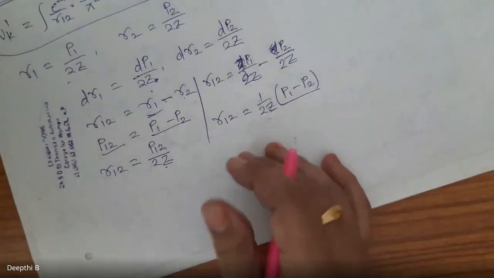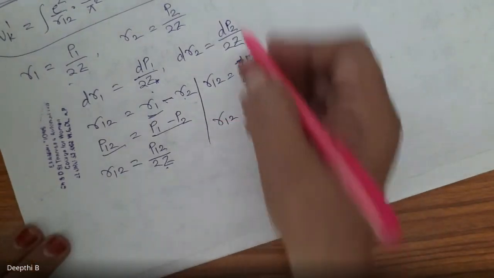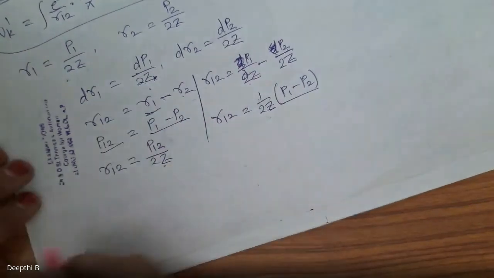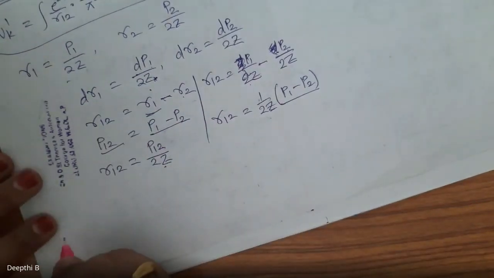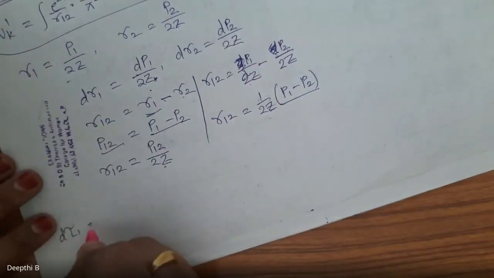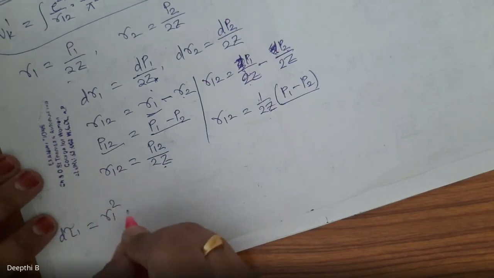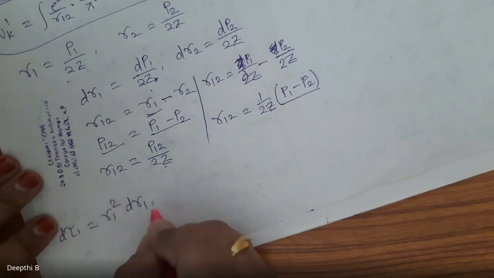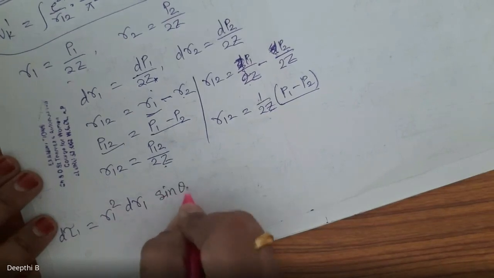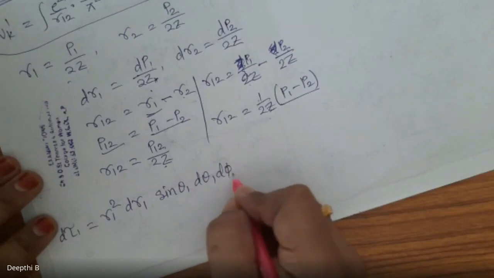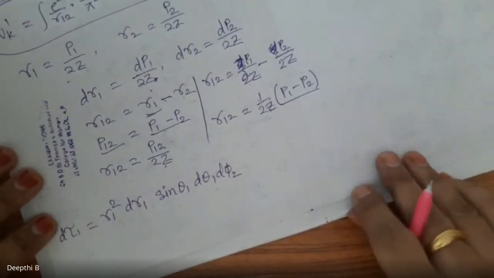Okay, students. Now for these tau 1 and tau 2, dτ1 is equal to r1 square dr1 sin theta 1 d theta 1 d phi 1. Again, they are taking spherical polar coordinates.